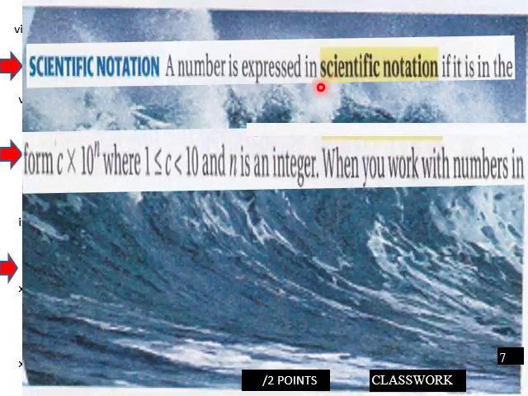Now we jump into scientific notation, because this is really suggestive for scientific notation of what we're doing here. A number is in scientific notation if it is in the form c times 10 to the n, where 1 is less than or equal to c, c is less than 10, and n is an integer.